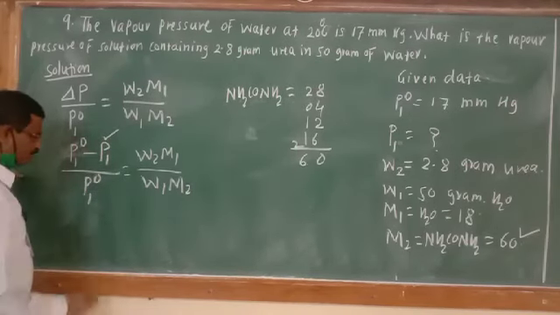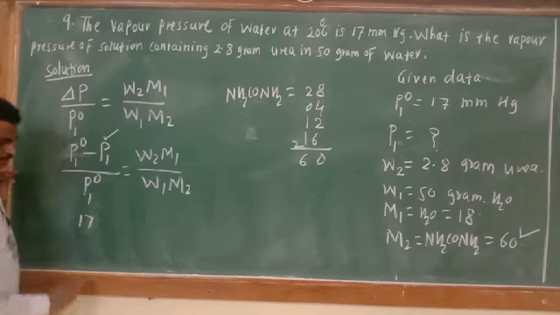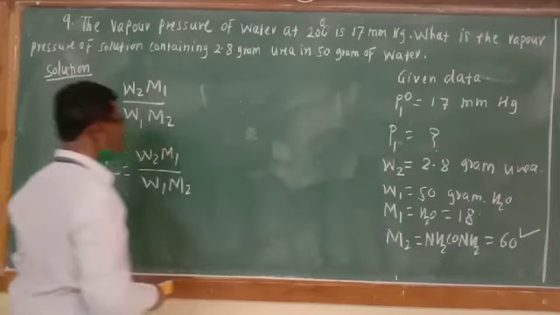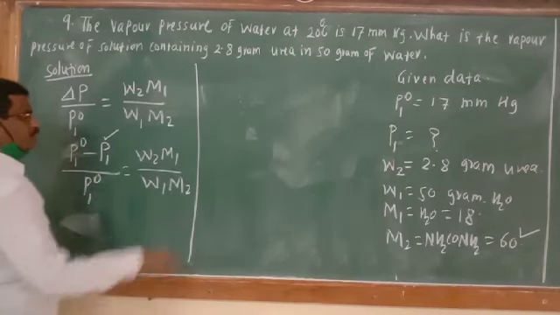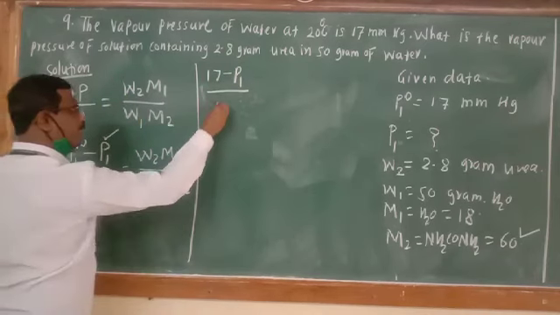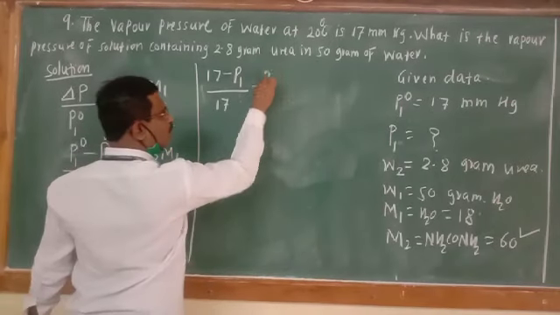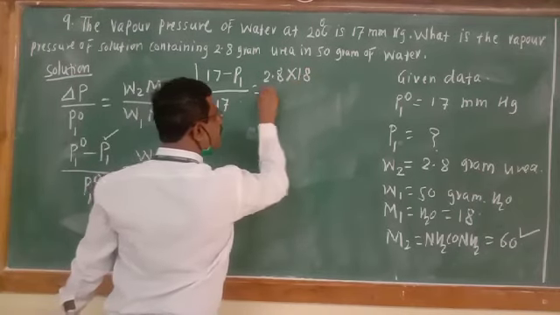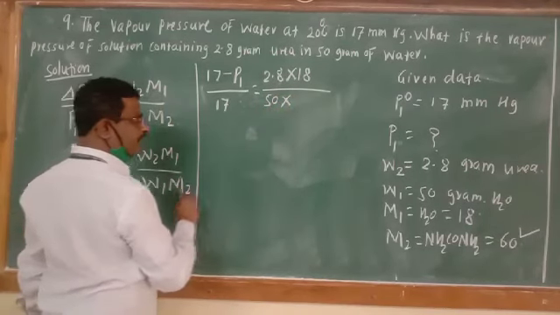So let us substitute the values. P1°, how much is given? 17. P1° will be equal to 17. Substituting the values: 17 minus P1, which we have to calculate, divided by P1° again 17, is equal to W2, which is 2.8 gram, multiplied by M1, 18, divided by W1, which is 50, multiplied by M2, 60.